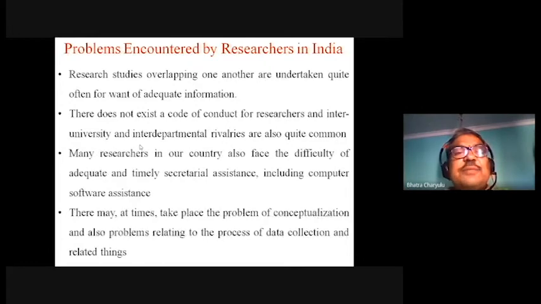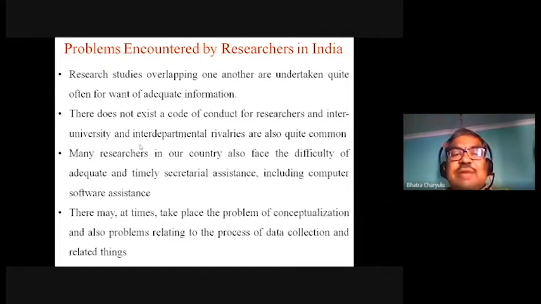Research studies overlapping one another are undertaken quite often for want of adequate information. There does not exist a code of conduct for researchers, and inter-university and interdepartmental rivalries are also quite common.